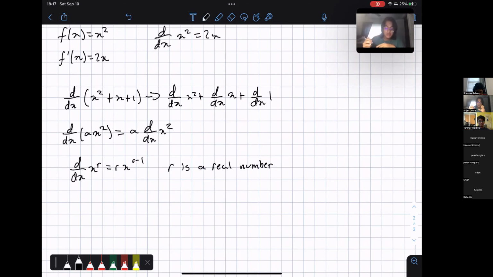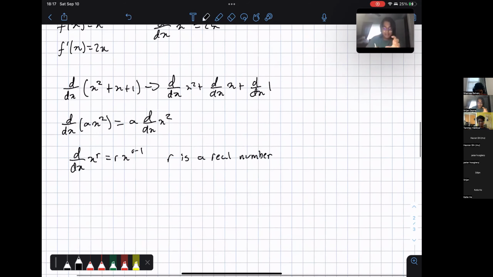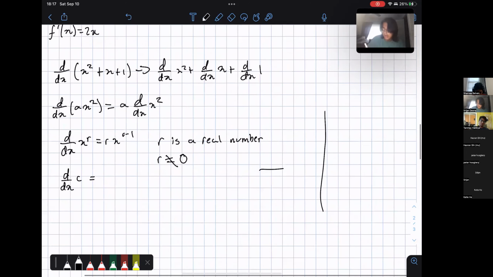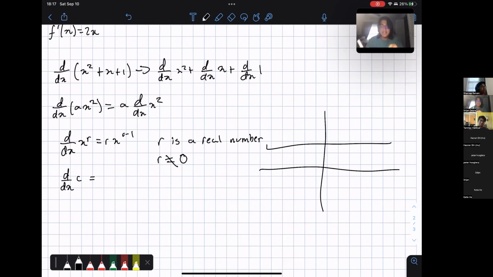And this is true for all r, except for r equals 0. Because if r equals 0, then you have the derivative of some constant c. And if we were to graph a constant, you can see that the slope at every single point is equal to 0. So the derivative of a constant is just equal to 0.